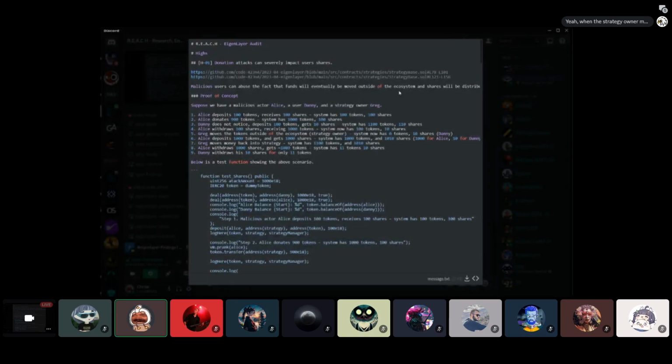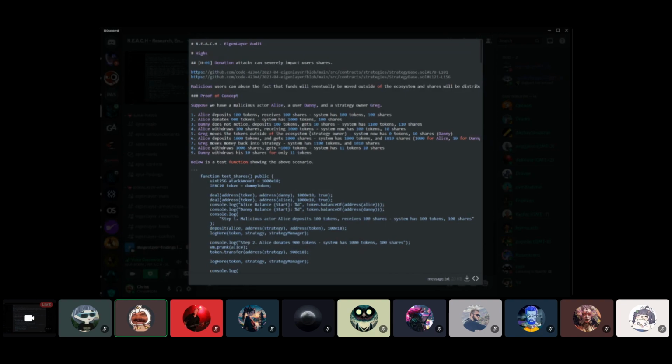Now the system has 10 tokens because the money got deposited into another secondary protocol. It has 10 shares because Danny's shares are still there. Then Alice deposits 1,000 tokens and gets 1,000 shares. The system has 1,000 tokens and 1,010 shares: 1,000 for Alice and 10 for Danny, as we said before.